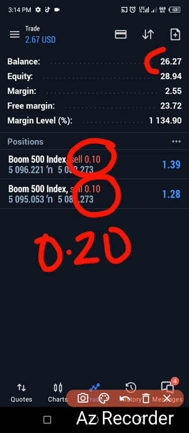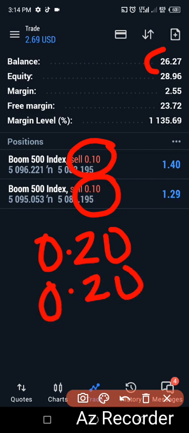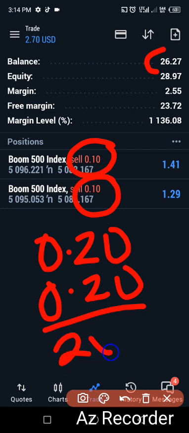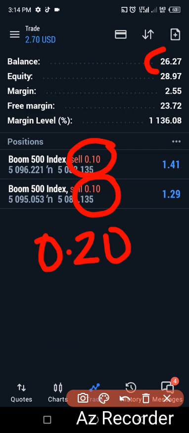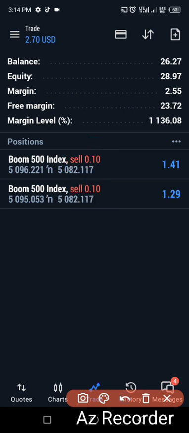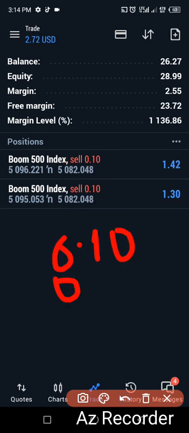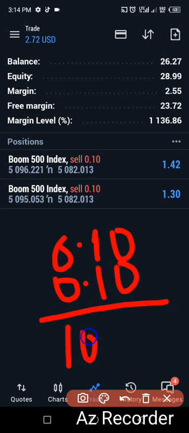Imagine us taking this trade entry with 0.20, that will be a total of $20. But because of the equity, we decided to make use of 0.10, using 2 positions. So at the end of this trade we should be having at least $10 on this account.